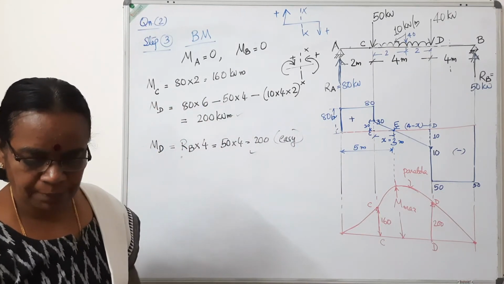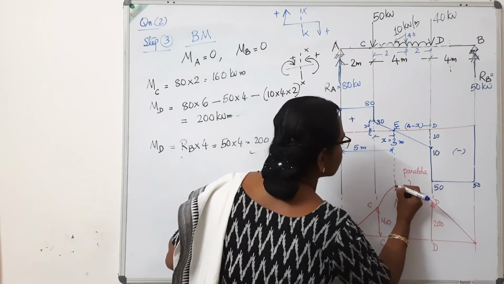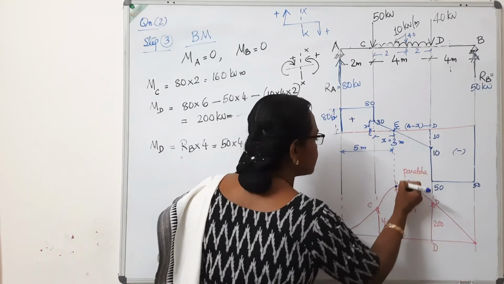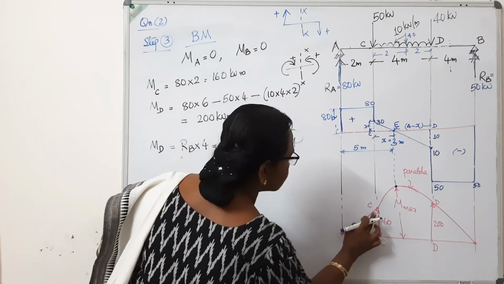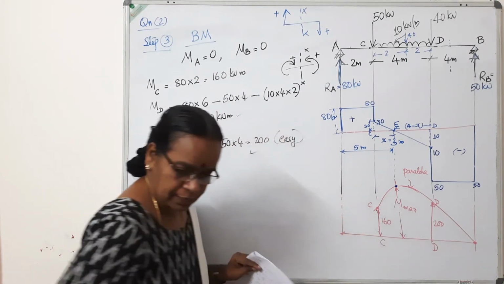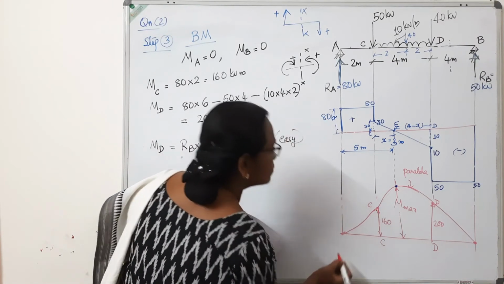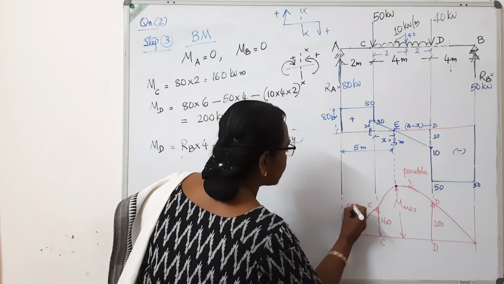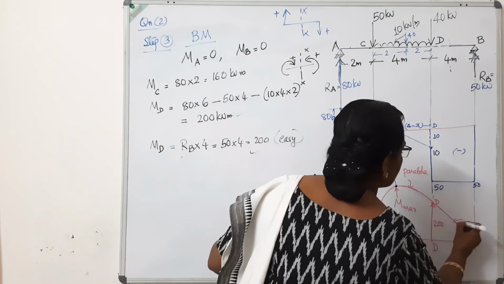Connect these two points with a parabola and see that the maximum ordinate is at the point where the shear force is 0. So this is a straight line. My drawing is very poor. This is also a straight line.